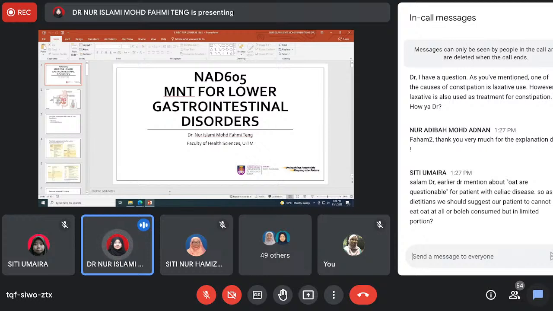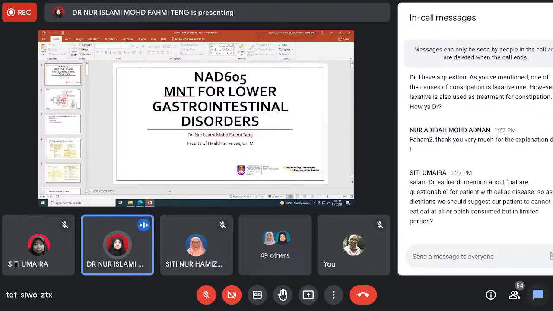Kalau dia boleh minum air, suruh dia minum air. Suruh dia ambil fiber lebih. Ataupun tengok dia boleh tak buat aktiviti lebih sikit, berjalan lepas makan, to avoid that constipation. Tengok balik dia tahap mana. Kalau dia boleh minum air, suruh dia minum air lah.